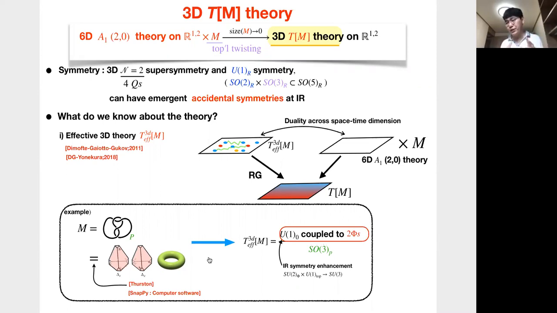Different decompositions into solid torus and ideal tetrahedron will give different duality frames, and this will give a dual description. I checked for many examples of 3-manifolds that different descriptions flow to the same SCFT using localization, but there is no general proof guaranteeing this duality.